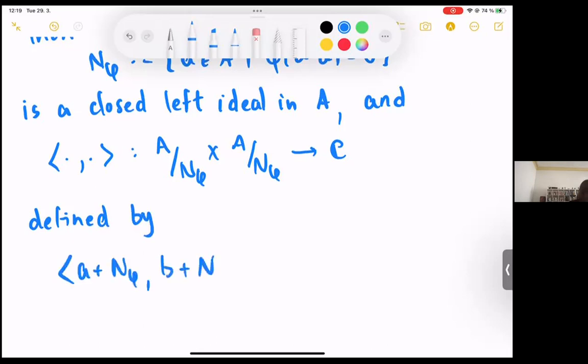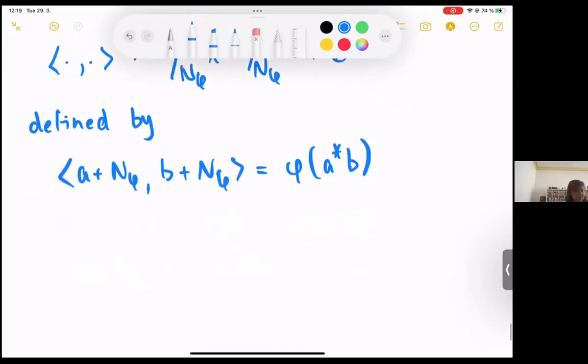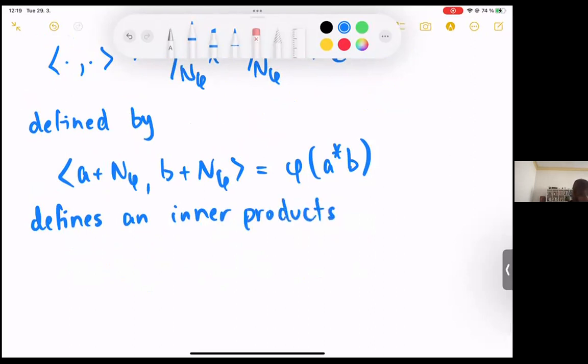The inner product of two elements in A mod N phi is going to be phi of A star B. This defines an inner product. Here, inner products will be linear in the second variable.